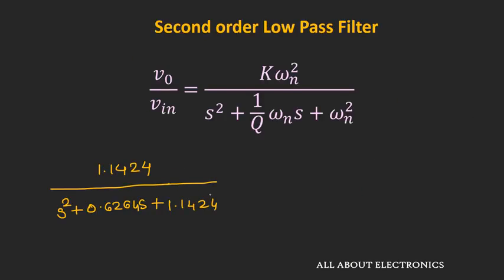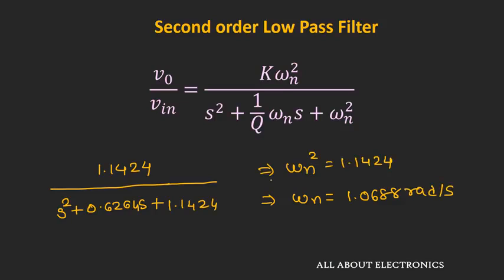So if we compare these expressions, then the value of omega n square is nothing but 1.1424. That means the value of omega n will be equal to 1.0688 radian per second. And similarly, if we compare this omega n by q with this value, then we can get the value of q as 1.7063.